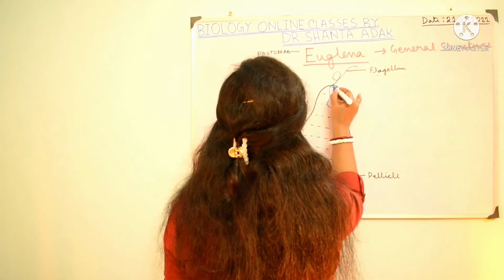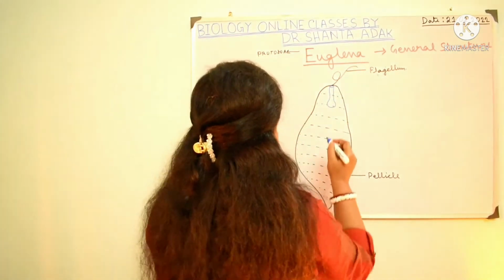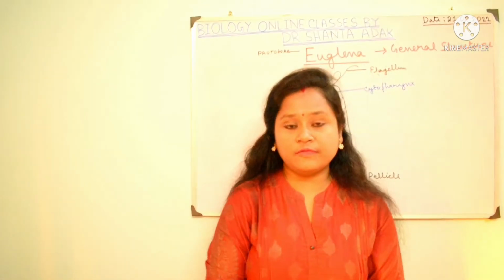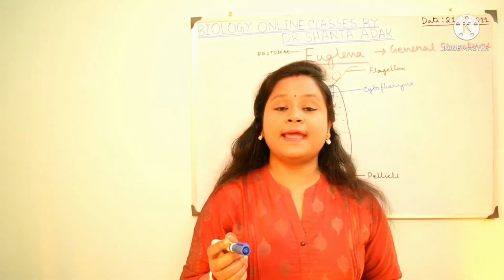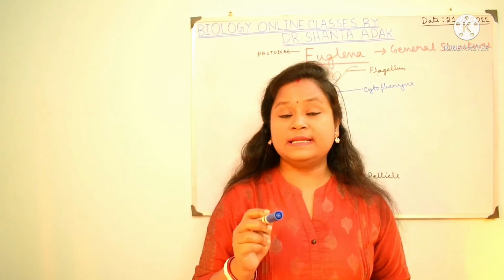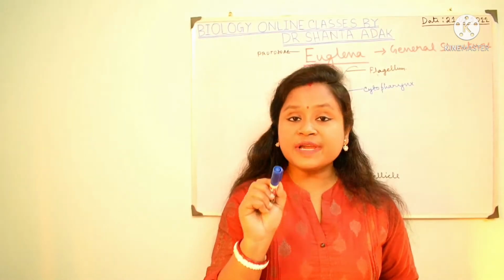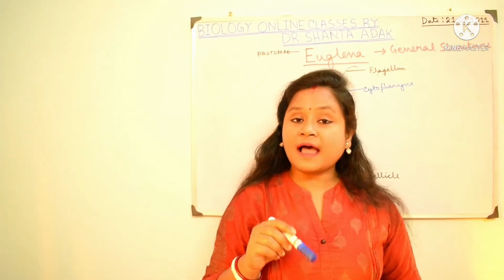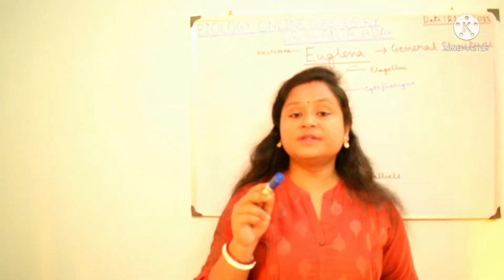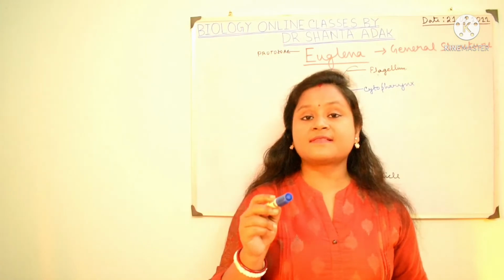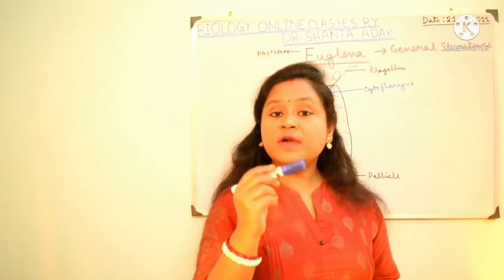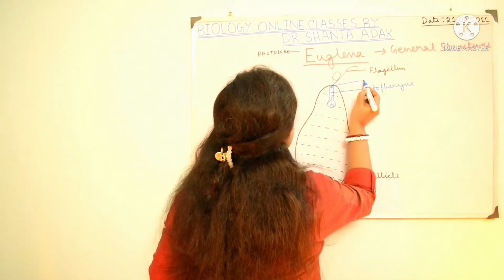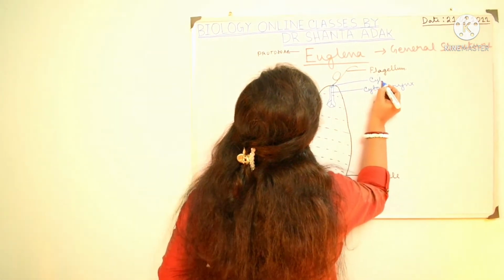The next point is cytopharynx. So what is cytopharynx? At the anterior end of the body of Euglena, a cup-shaped structure is there, known as cytopharynx, whose outer opening is known as cytostome.